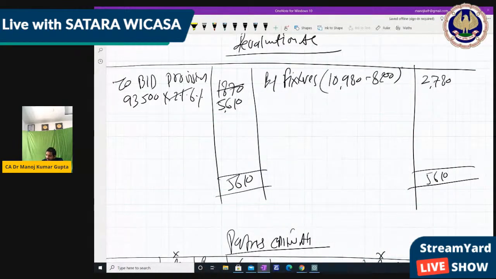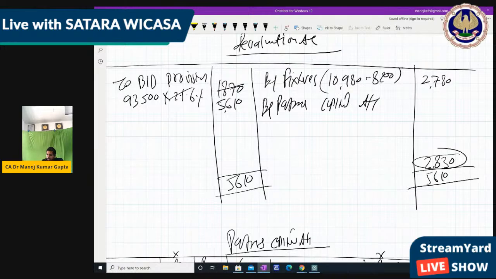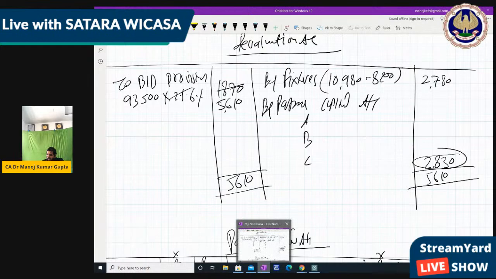5610 minus 2780 is 2830, by partners' capital account, A, B, C. In which ratio?